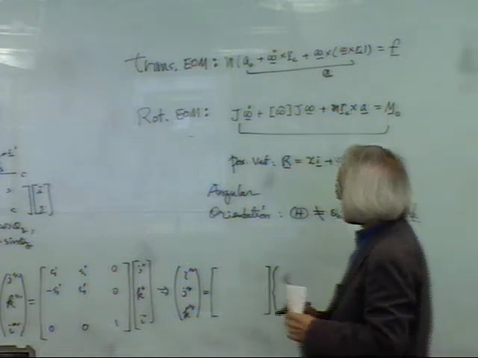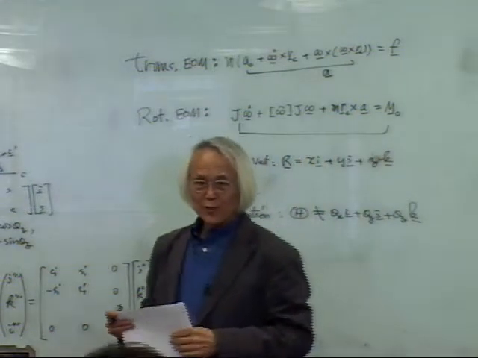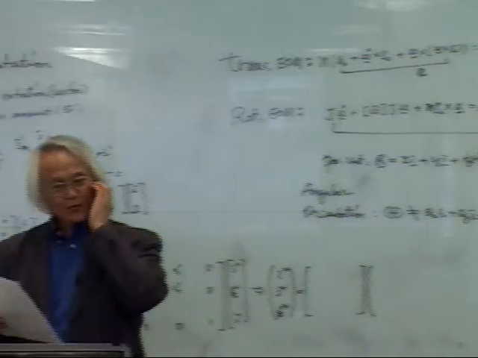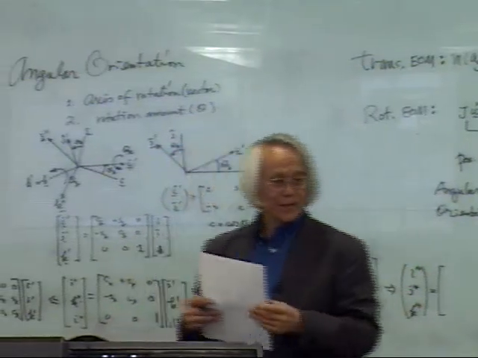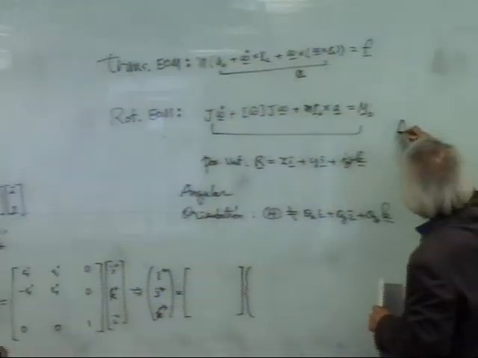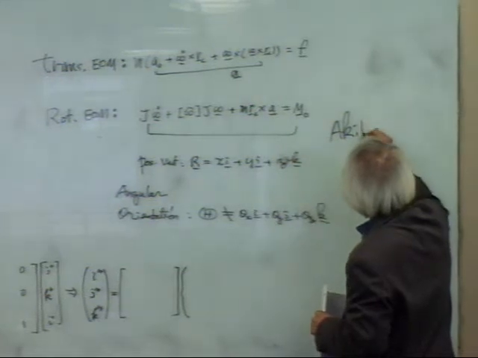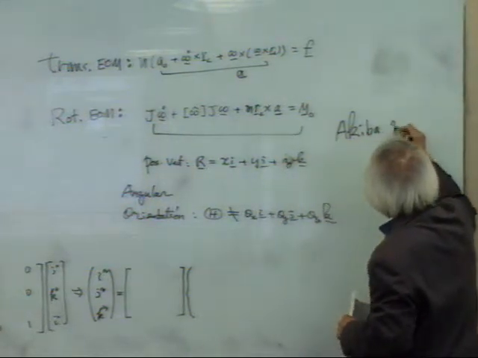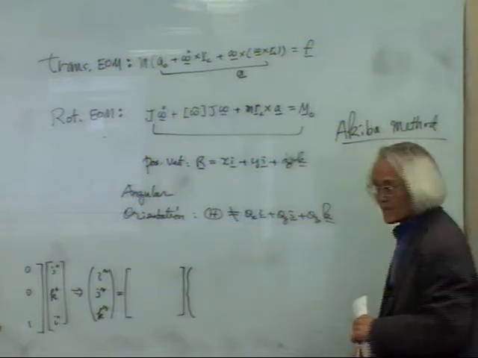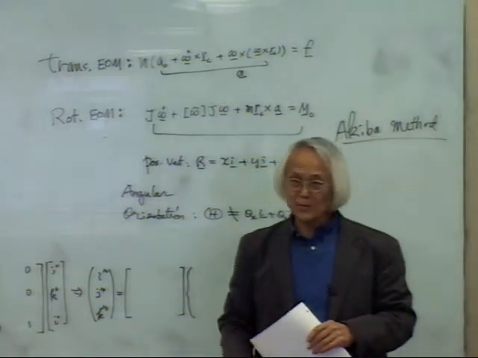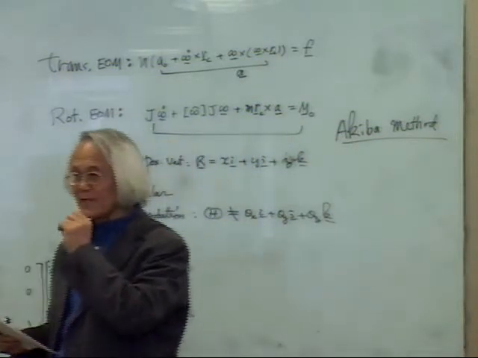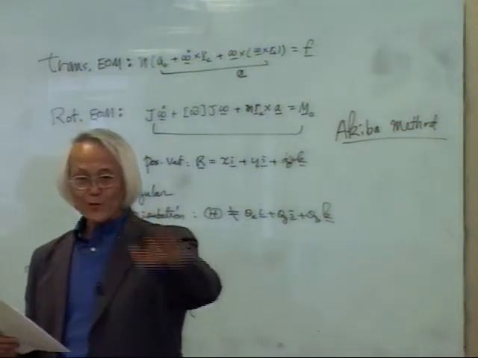When you guys were in primary school or junior high or senior high, have you ever heard of something called the Akita method? Never heard of it? Ask your nephews and nieces or your younger brother.